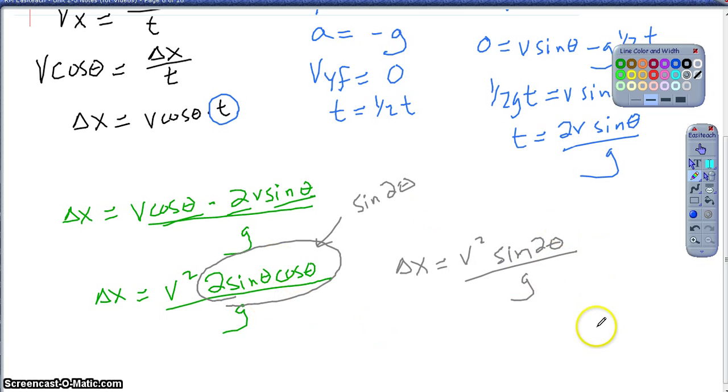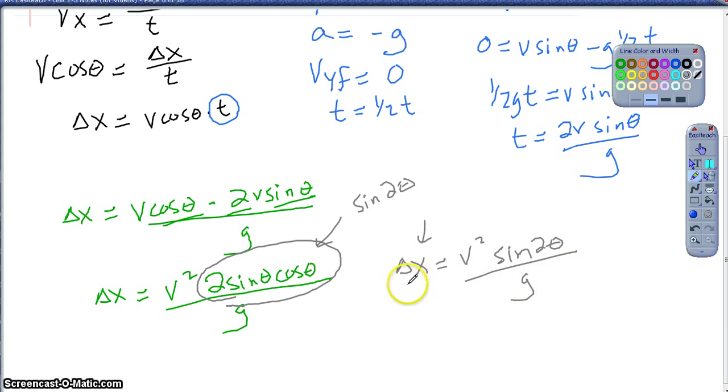So this is actually pretty helpful, because if I ever want to find the horizontal distance of a shot, all I have to know is the velocity, the acceleration due to gravity, which we assume we always will know, and then theta. So I really only need those three measurements, and I can solve for the horizontal distance of the projectile.